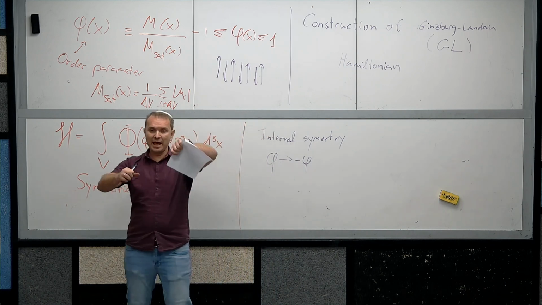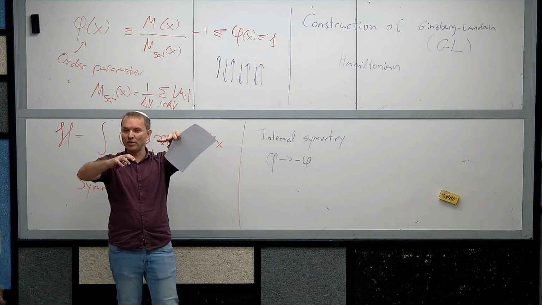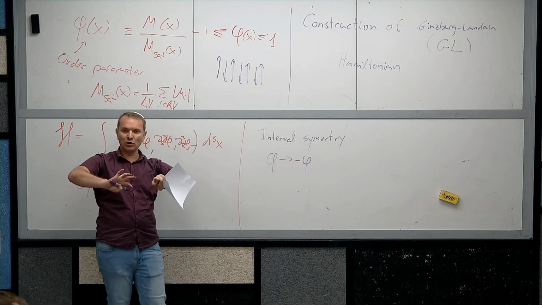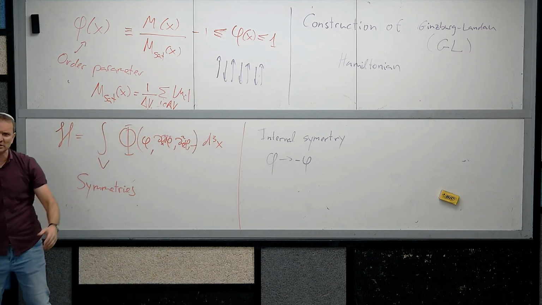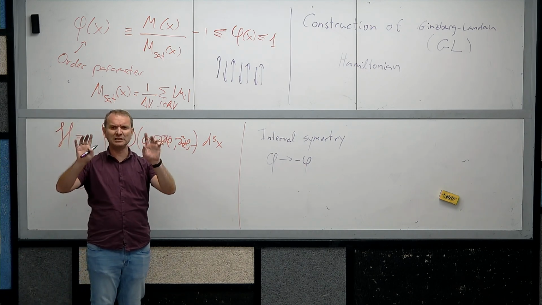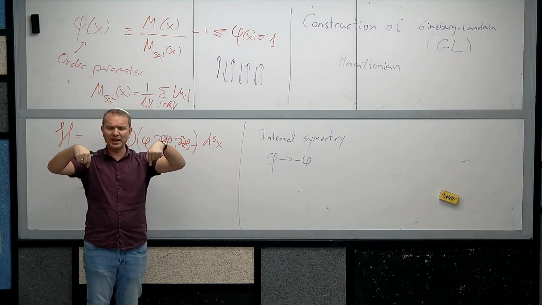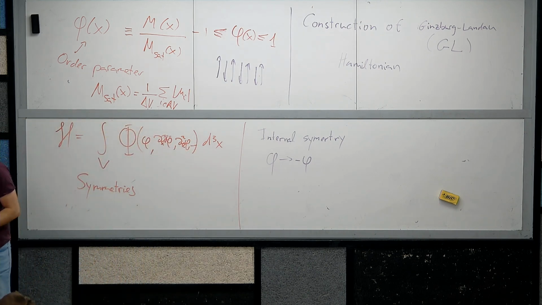Because if I had phi of 0.3 over here, and here I had 0.2, now it's going to be minus 0.3 and minus 0.2. Nothing will change because I just flipped all the spins. Whoever pointed up is pointing down. Whoever was pointing down is pointing up. Nothing really happened.